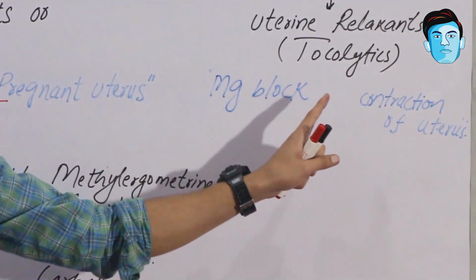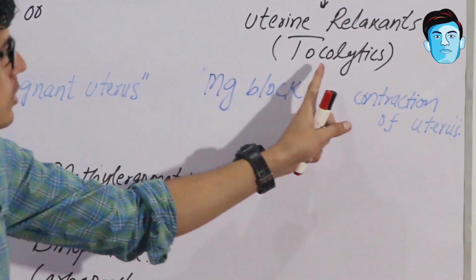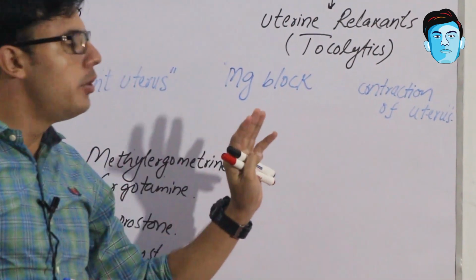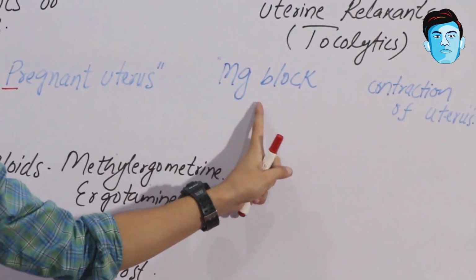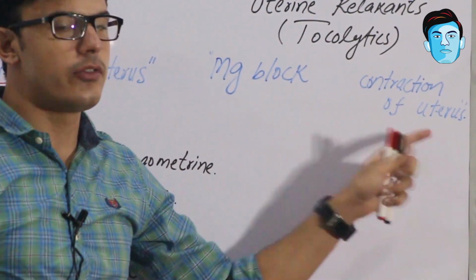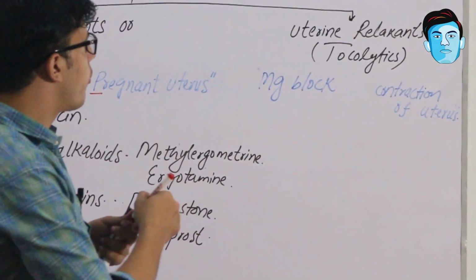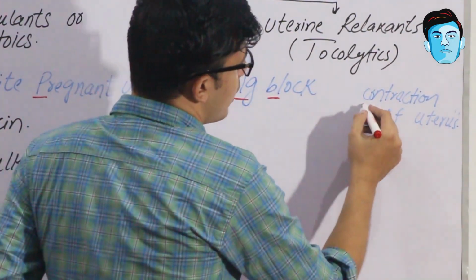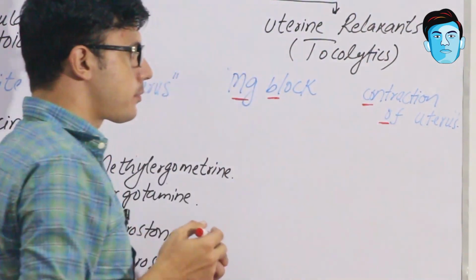So what is the trick to recall the tocolytics? You need to recall the sentence: magnesium block contraction of uterus. We will focus on the letters M, B, C and O.